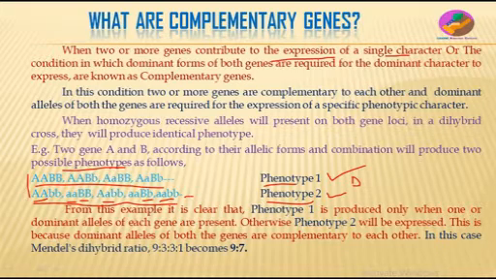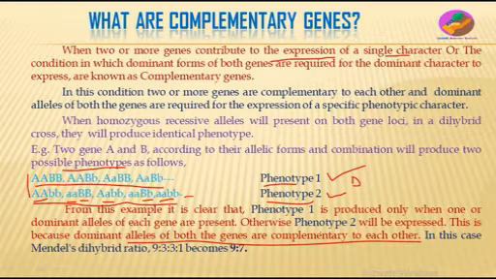So from this example, it is clear that phenotype 1 is produced when a dominant allele of each gene is present, otherwise phenotype 2 will be expressed. This is because the dominant alleles of both genes are complementary to each other.